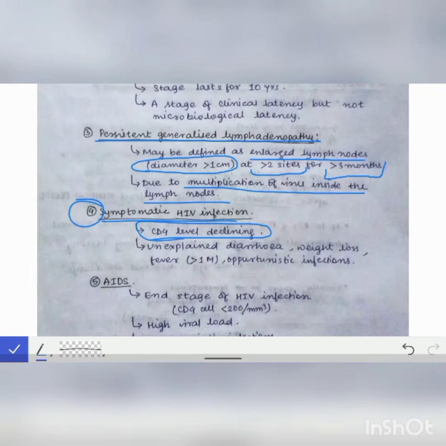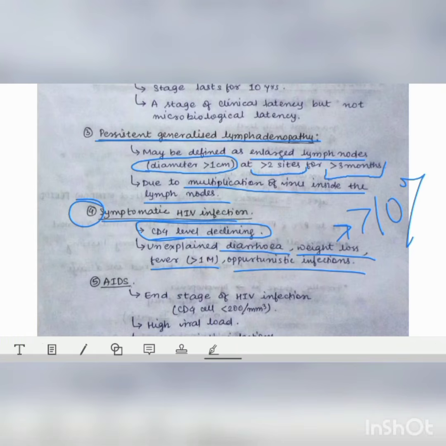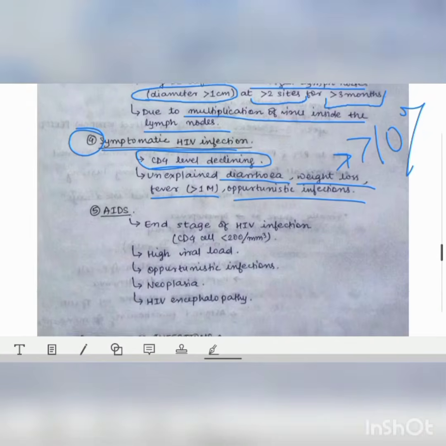As the CD4 cells decline, the chances of infections increase, and hence opportunistic infections occur, the symptoms of which are diarrhea, weight loss of more than 10%, fever for more than 1 month, and other opportunistic infections. So all these symptoms are present in symptomatic HIV infection.